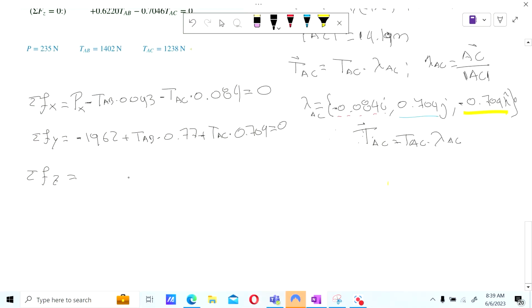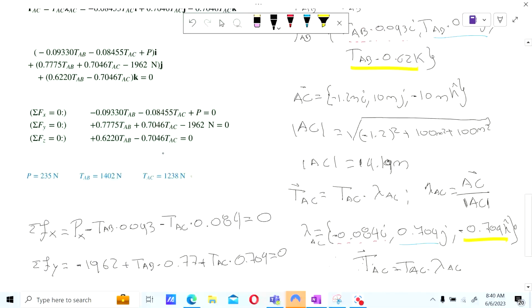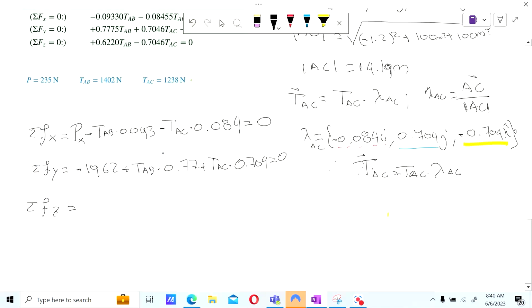All right, so what we have is a positive component from AB, which is 0.62. So TAB times 0.62 plus, actually minus, TAC times 0.704 equals 0.